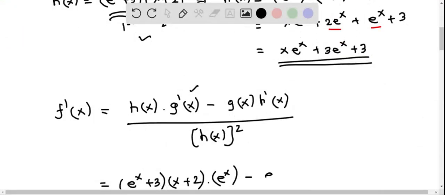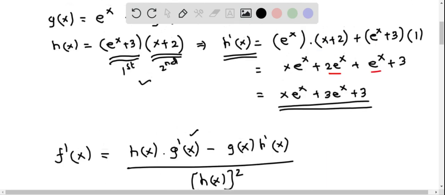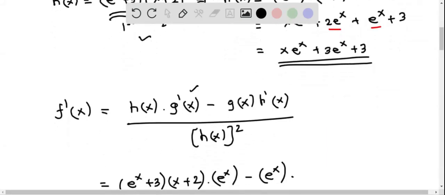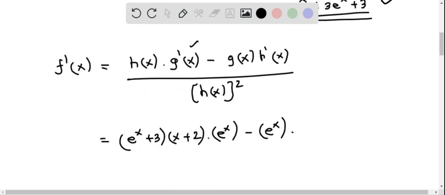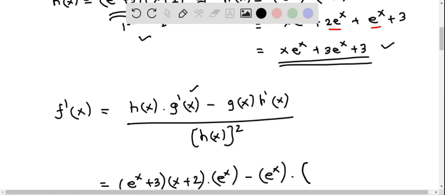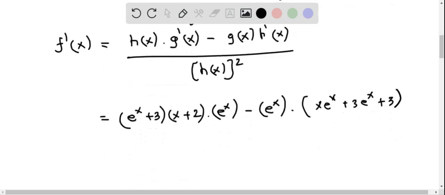So replace g of x by e power x, and then multiplied with h prime of x. H prime of x is this expression, so I write this in brackets, that is x e power x plus 3 e power x plus 3. And this should be all over h of x quantity squared.